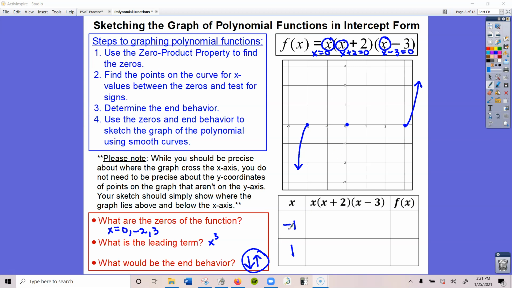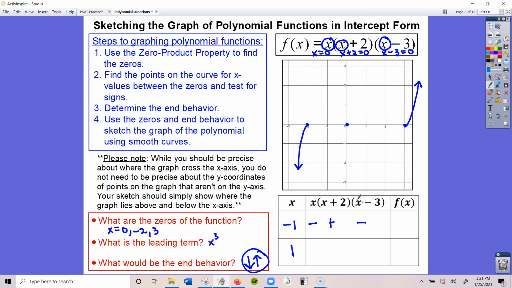So let's say I plug in negative 1. If I plug in negative 1 into x, which is my first factor, that would give me a negative number. If I plug in negative 1 into x plus 2, that would give me negative 1 plus 2, so a positive number. And if I plug in negative 1 into x minus 3, negative 1 minus 3 is negative.